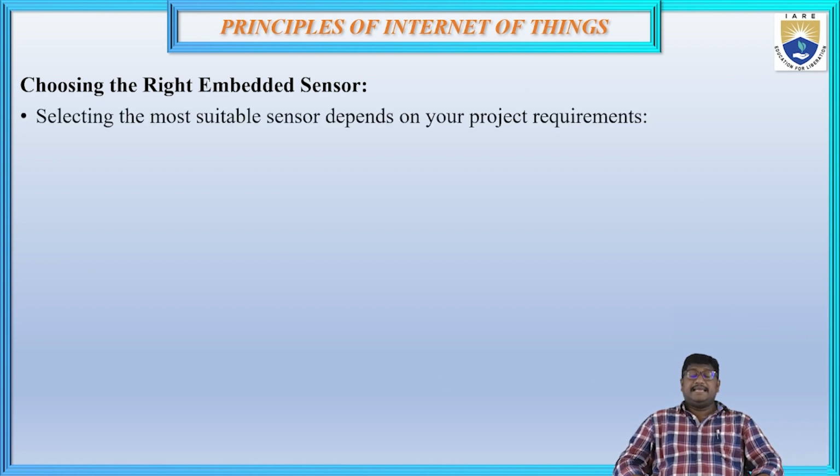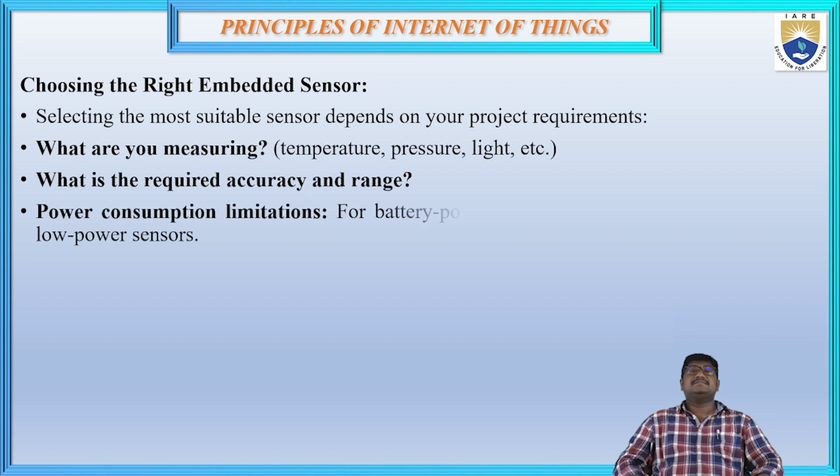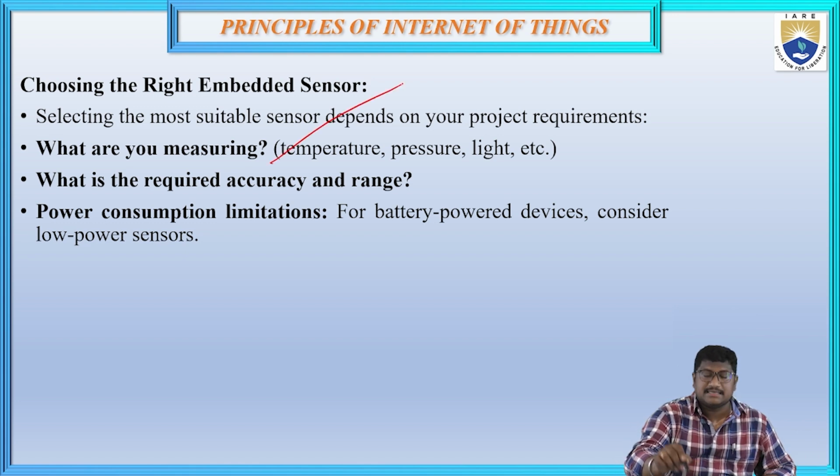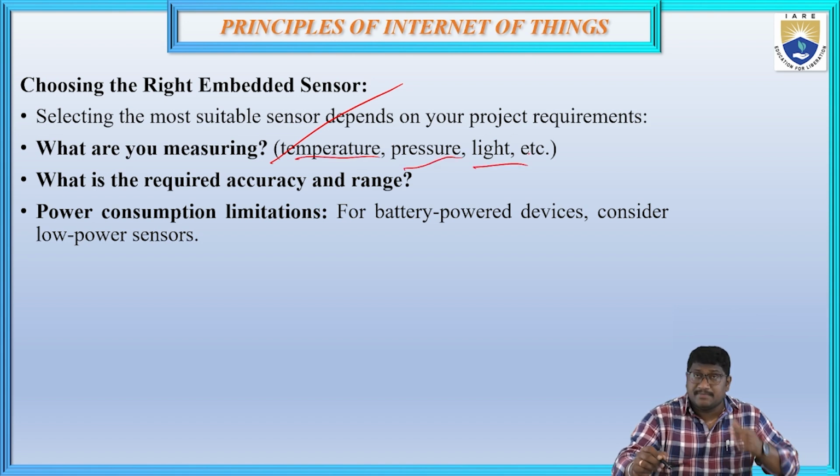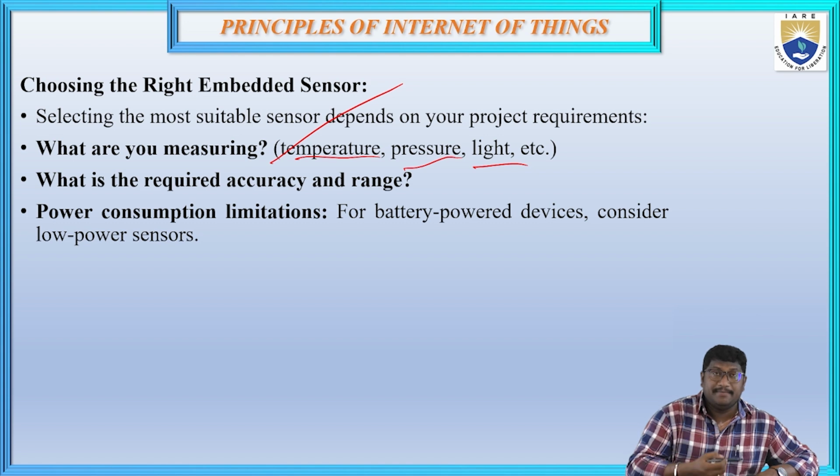Now we will see how to choose the right embedded sensor in an IoT system. Here we need to select the most suitable sensor depending on your project requirements. First, what exactly are you measuring? Either temperature, pressure, light, or something else. It should be known to you, then only it will be compatible.